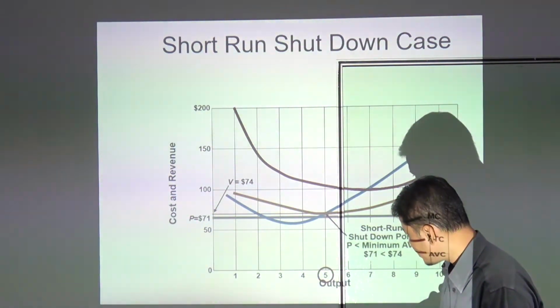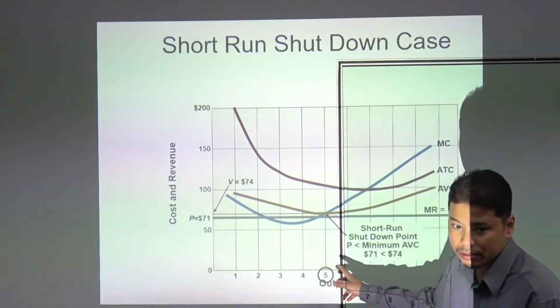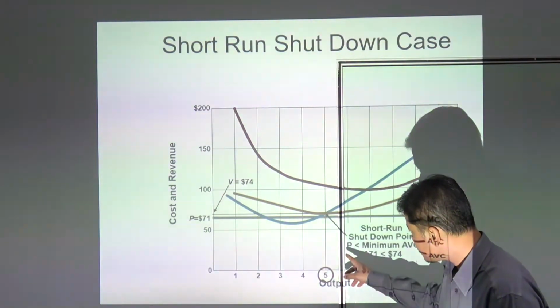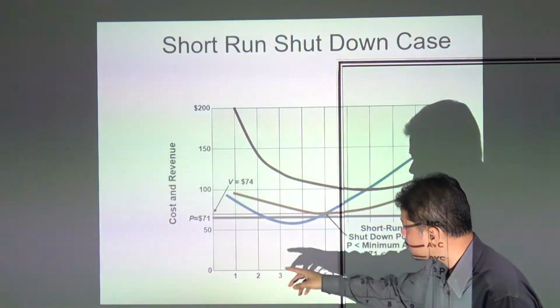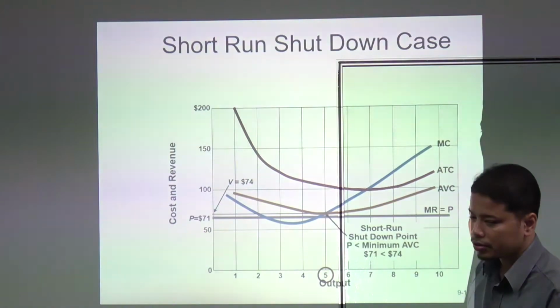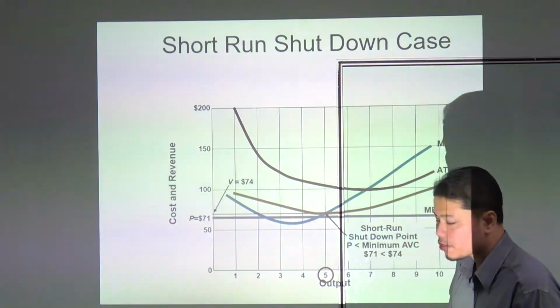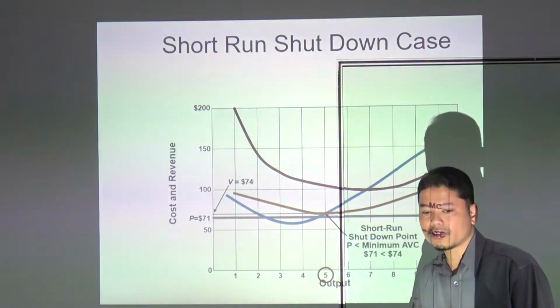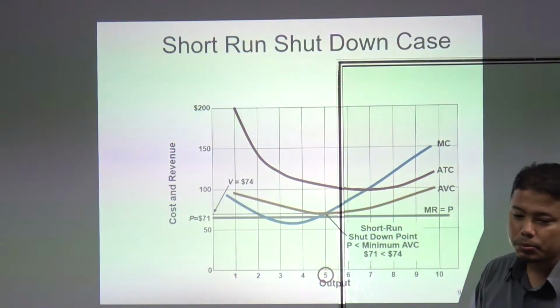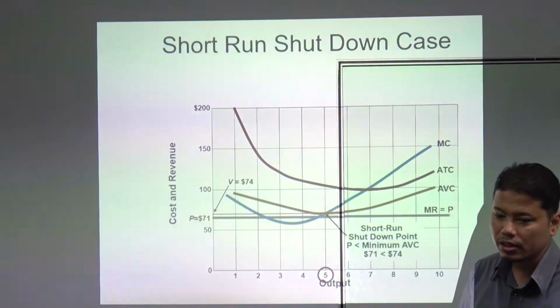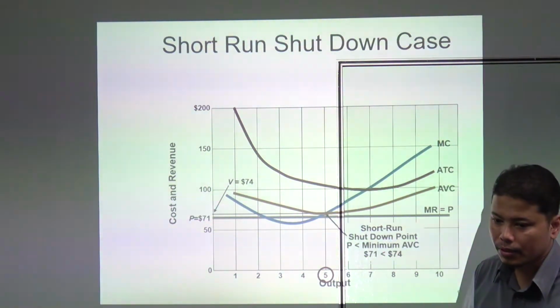Then we need to compare price and average variable cost. Here the price is below average variable cost. In other words, the price that they receive by selling the product is not even enough to cover the variable cost per unit, what more to cover the fixed cost per unit.